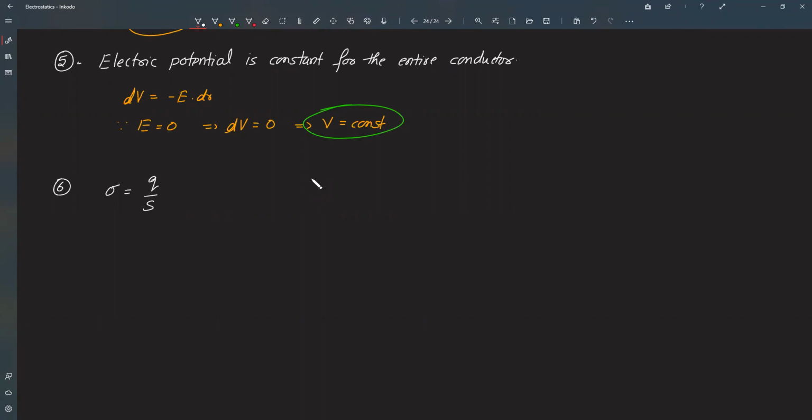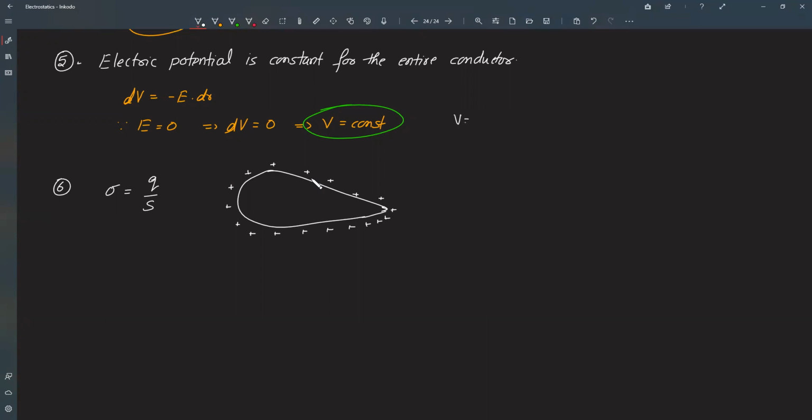Now if your conductor is like this, let's say like this, so it is clearly visible that there are portions where the surface area is very small and there are portions where surface area is more, right? But the charge distribution will be like this. So obviously it means what? There will be more charge because the potential has to be same.